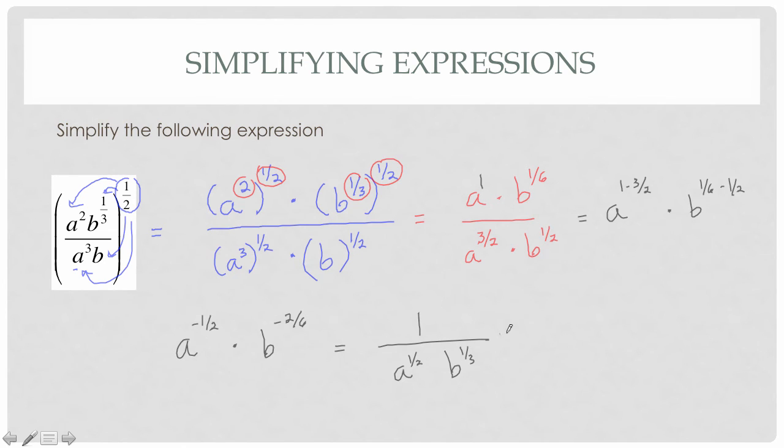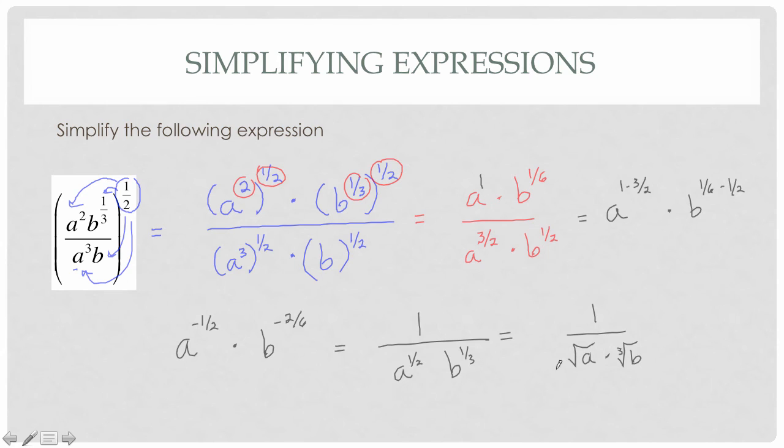And then finally, if I really wanted to, I could change that into 1 over the square root of a times the cube root of b. I could rewrite it into radical form. So you can leave it in fraction form or radical form.